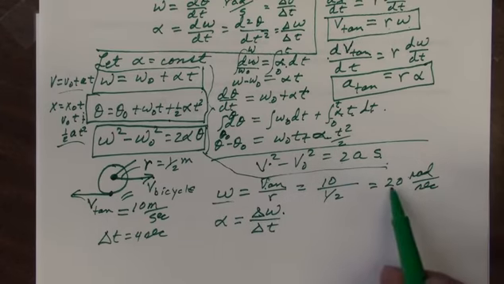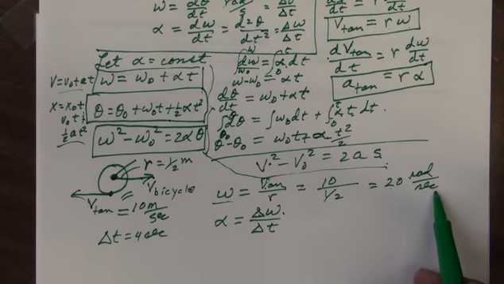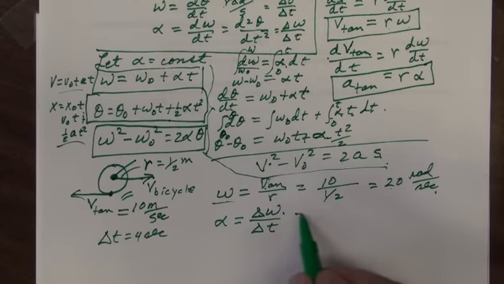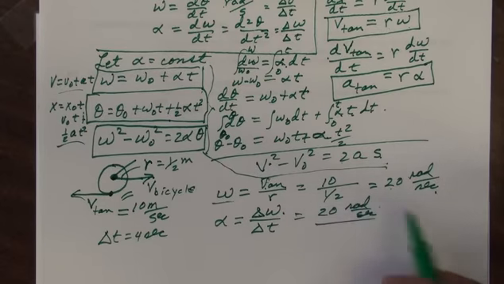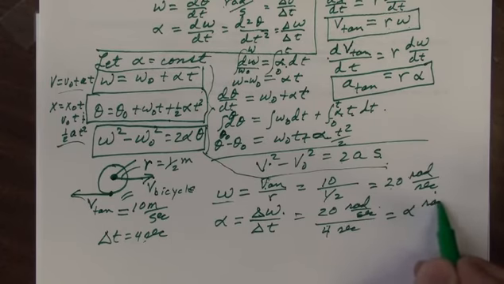Well, I was going 20 radians per second, and I'm going to go down to 0, so the difference is 20 radians per second minus 0, so I can leave that out, divided by a time of 4 seconds. So the answer is 5 radians per second squared.